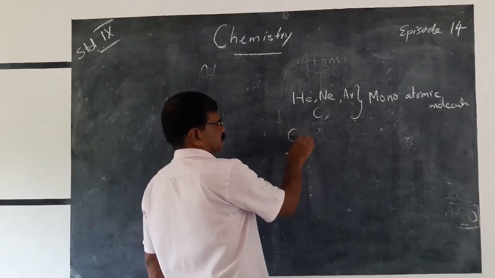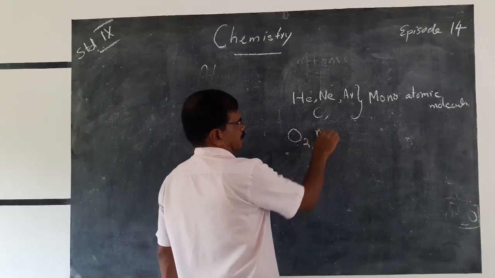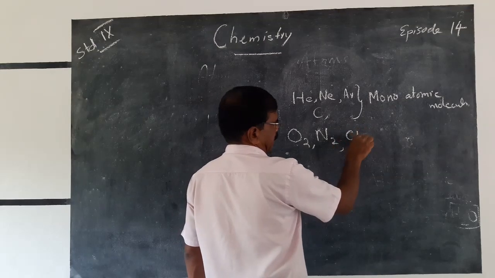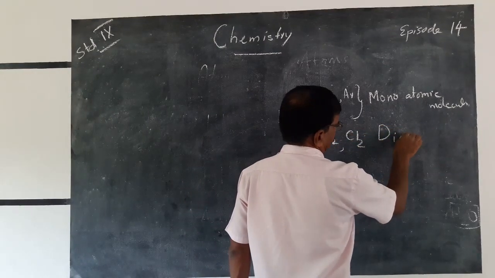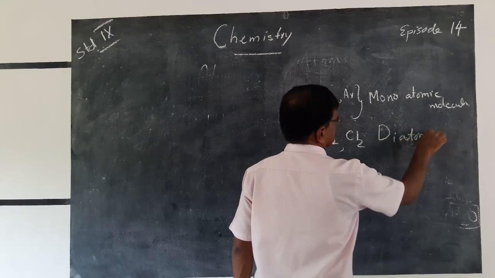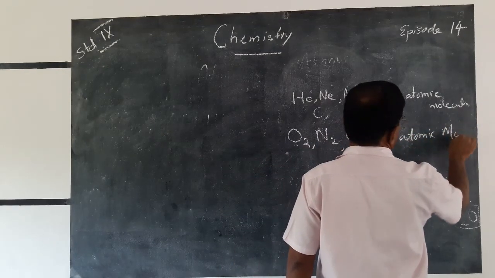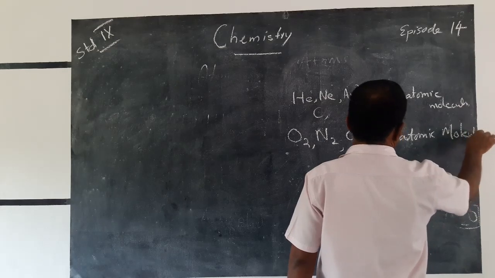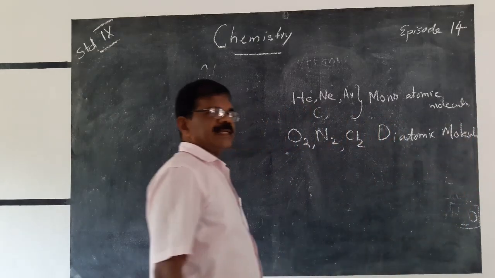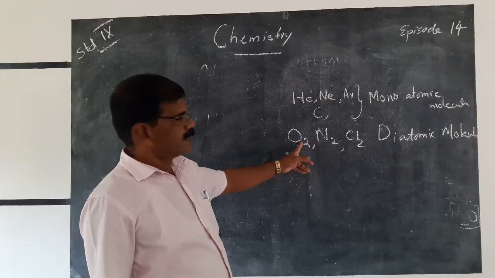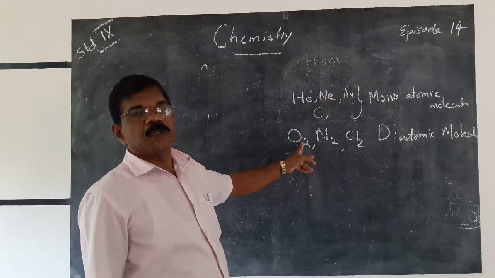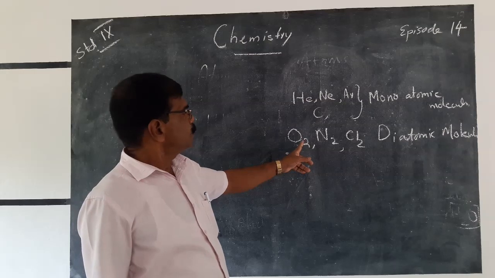Then oxygen, nitrogen, chlorine, etc., are called diatomic molecules. Why are they called diatomic molecules? One molecule of them contains two atoms.